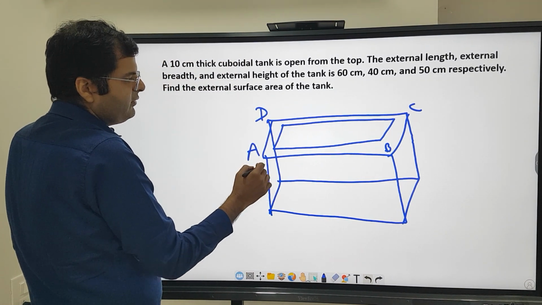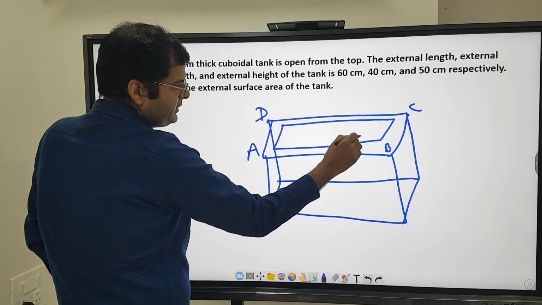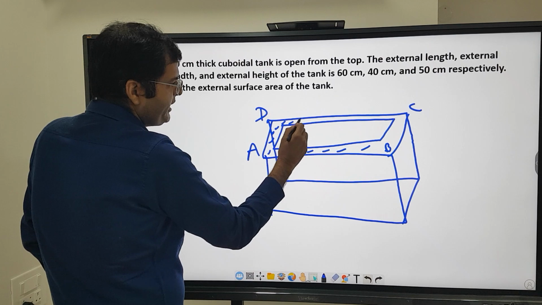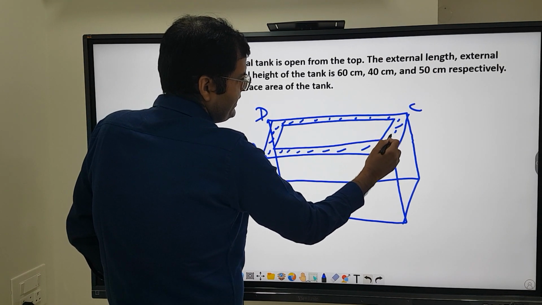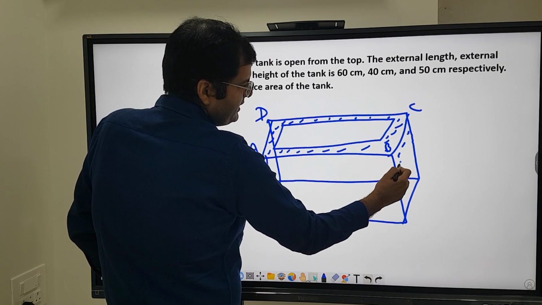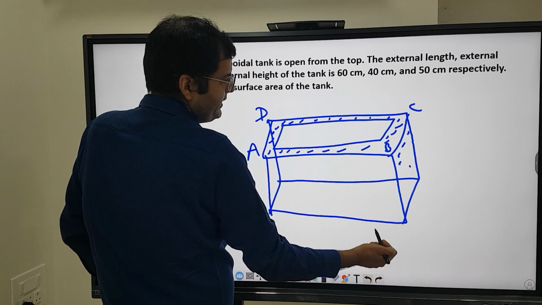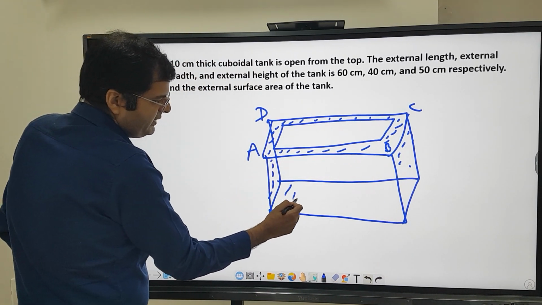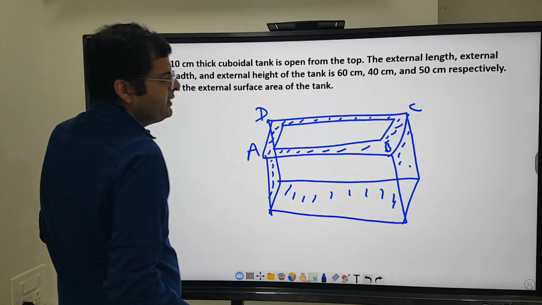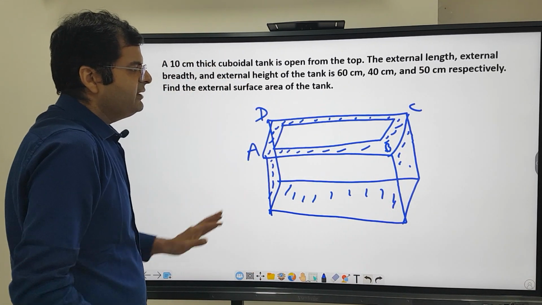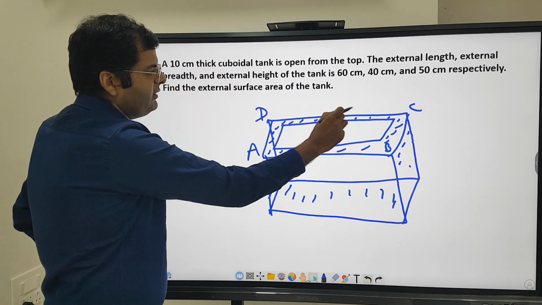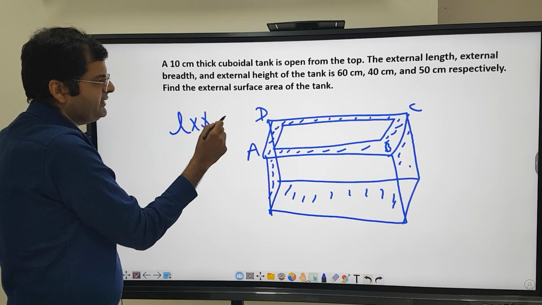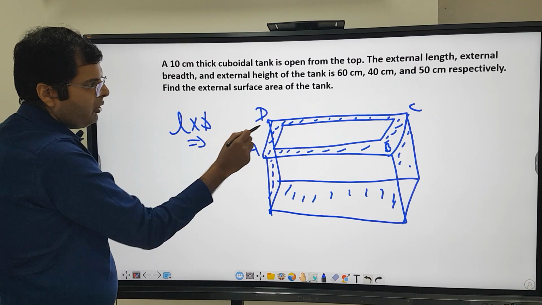So the surface at this top will be the shaded surface and not the entire one. For all the other ones, there will be a complete surface. So 5 full surfaces are there, but the top one, which is length into breadth, will not be complete.